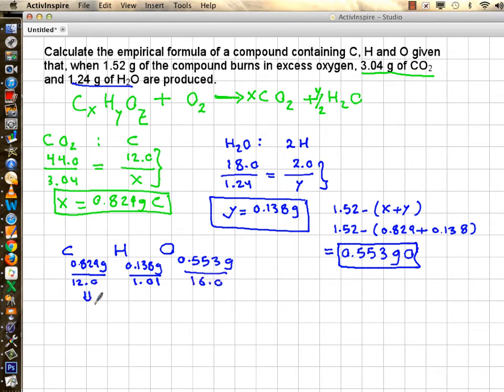When we do this, carbon becomes 0.0691 mole, hydrogen becomes 0.138 moles, and oxygen becomes 0.0346 mole.